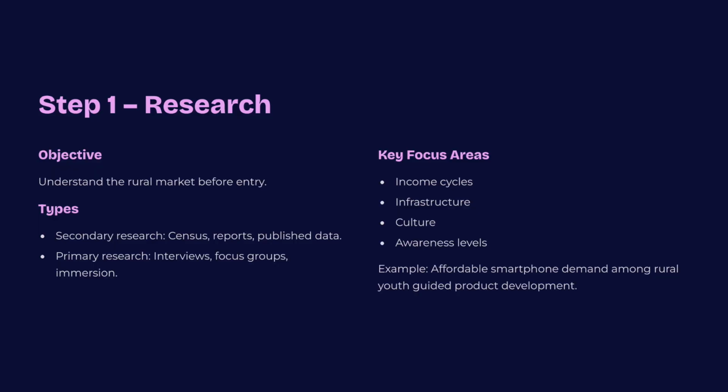The key areas of investigation include local income cycle, particularly the seasonality of agricultural income, existing infrastructure like roads and connectivity, prevailing cultural norms, and the current product awareness level. This groundwork helps in studying the market before entering, minimizing risk, and shaping all subsequent strategic decisions.